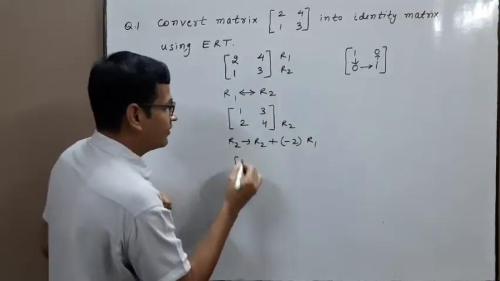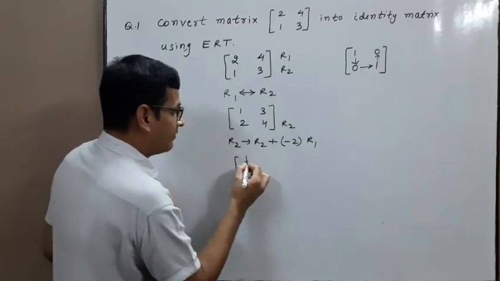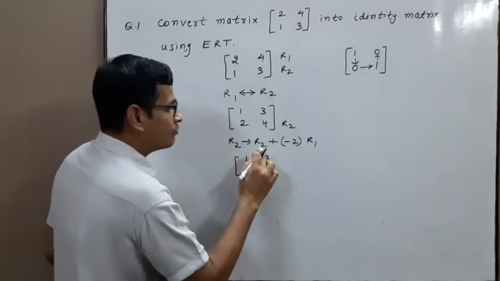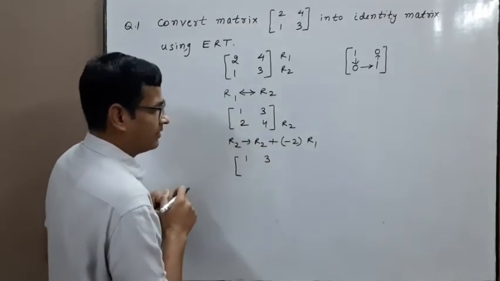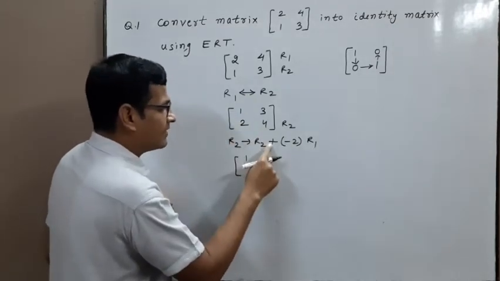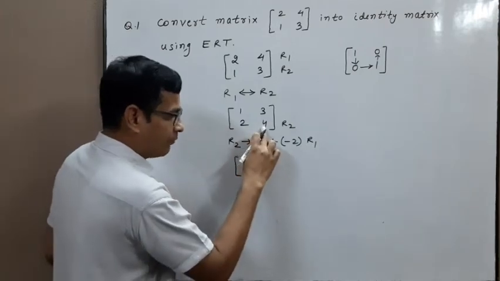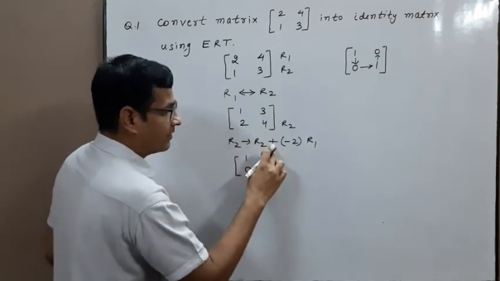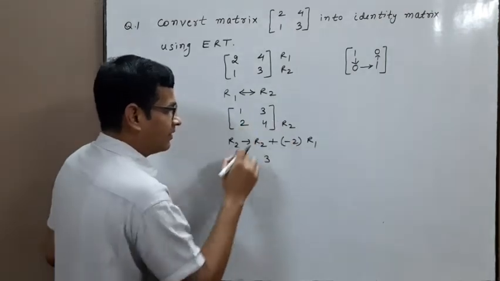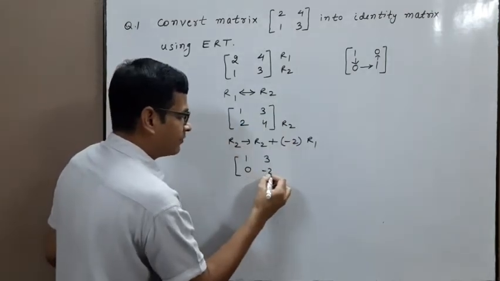Then we get 0 at that place. R1 as it is. R2 plus minus 2 R1. So 2 plus minus 2 into 1, 0. 4 plus minus 2 into 3, so 4 minus 6, minus 2.